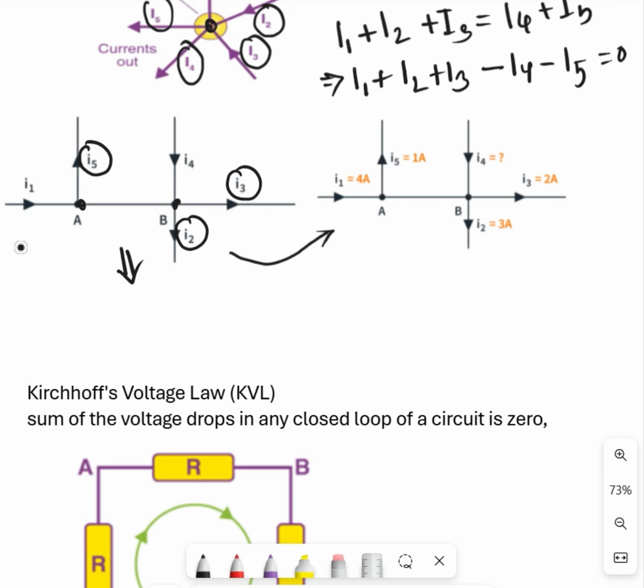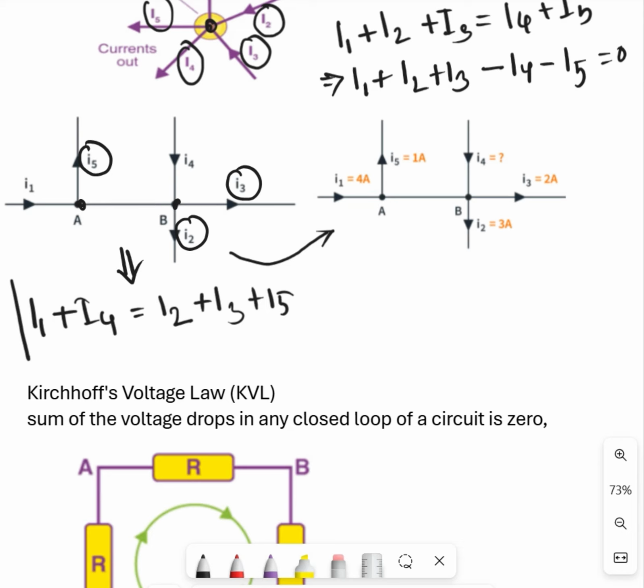These are both the same, but this is the basic equation we can draw from the circuit. Which one is entering? I1 is entering, and another one, I4, is entering. So entering current I1 plus I4 is equal to the leaving current, so we could write down I2 plus I3 plus I5, right?